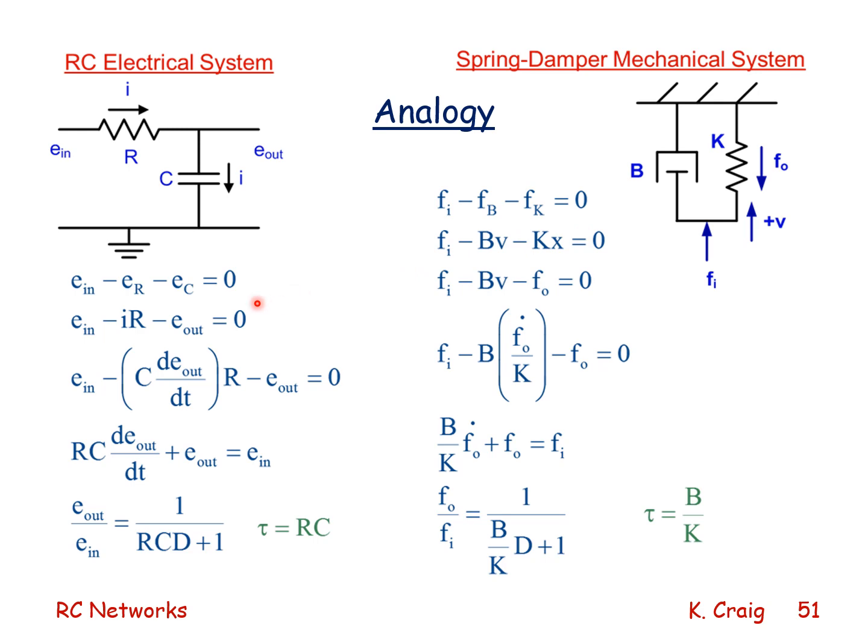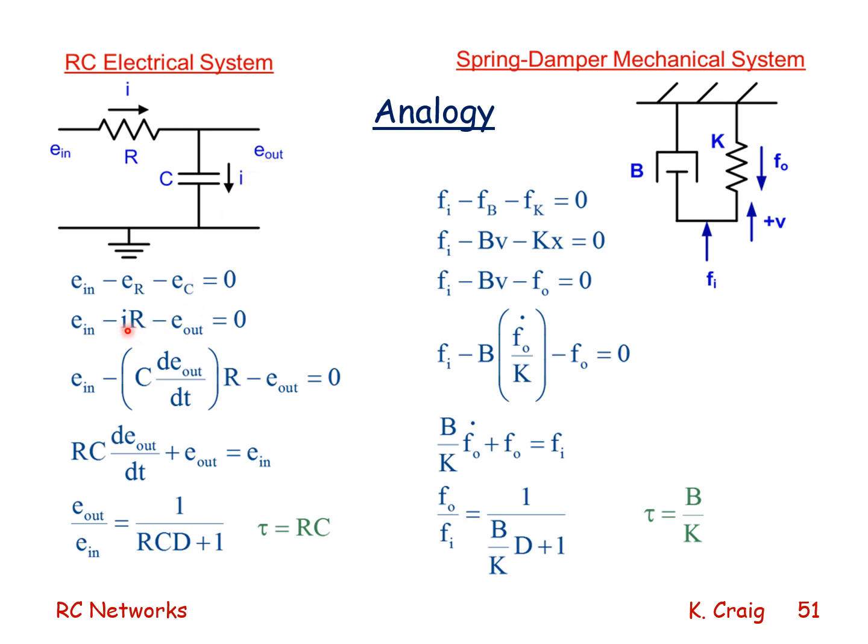On the electrical system, if I use Kirchhoff's voltage law, and say E in minus the voltage drop across the resistor minus the voltage drop across the capacitor equals 0. E in minus the voltage drop across the resistor, which is I times R, minus the voltage drop across the capacitor, which is E out.